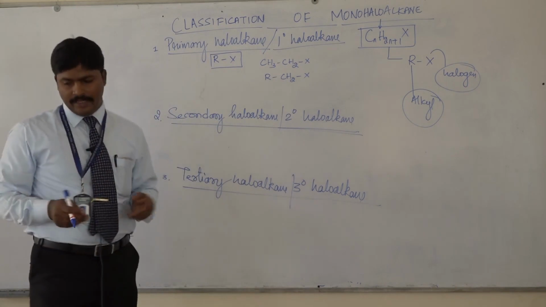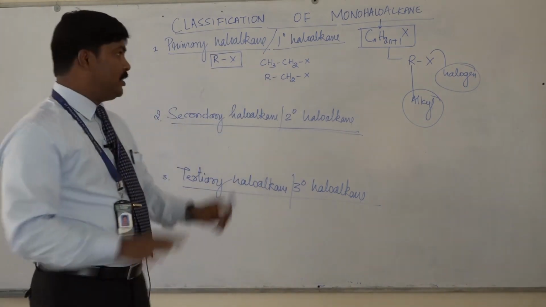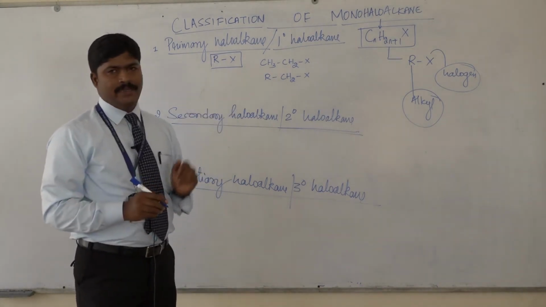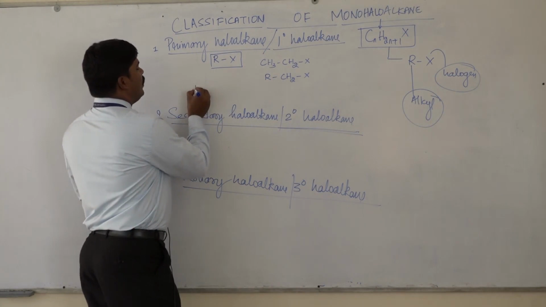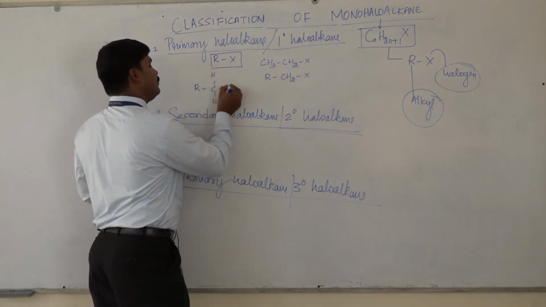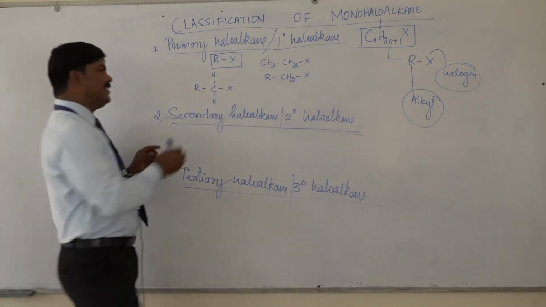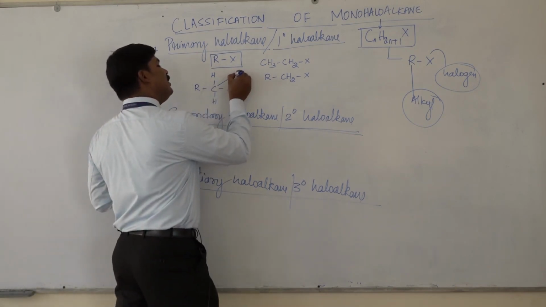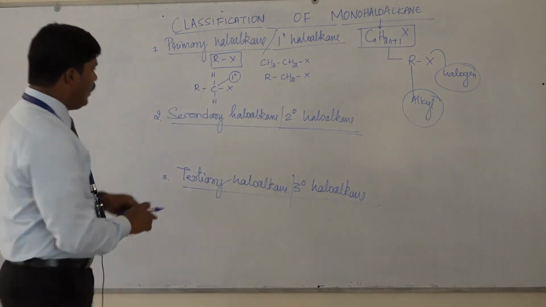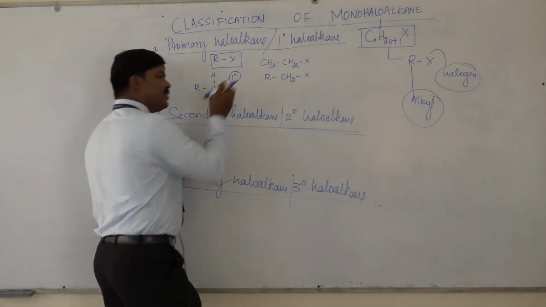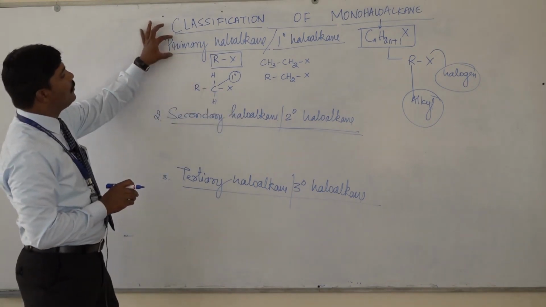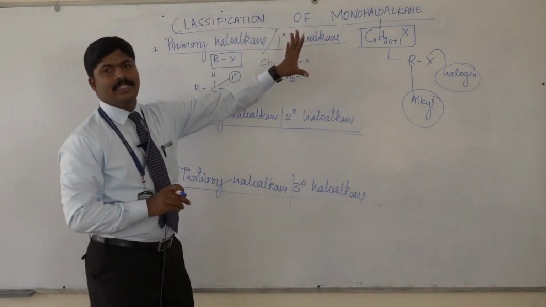There are two ways to define it. The carbon which I call a primary carbon should have only one R. Such carbon atoms are called first degree carbon atoms. To this carbon of first degree, the halogen is bonded, therefore it is called a primary haloalkane or first degree haloalkane.